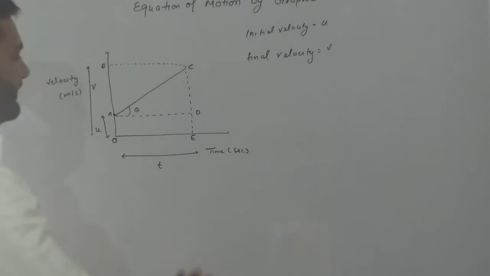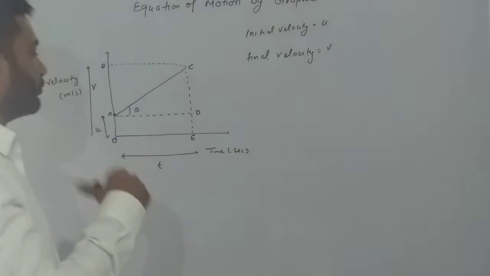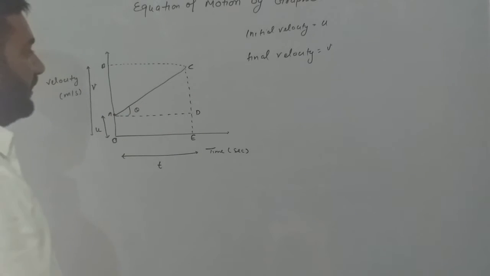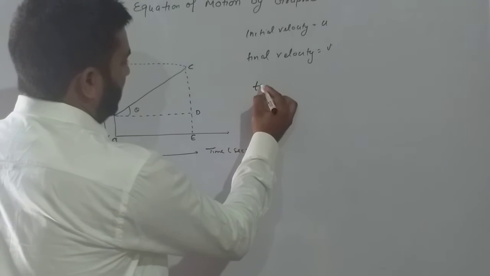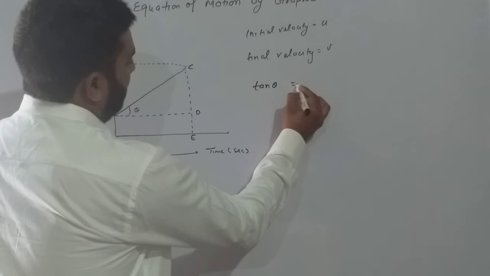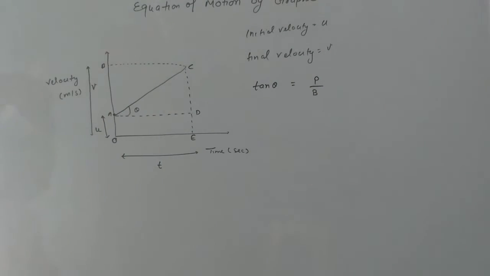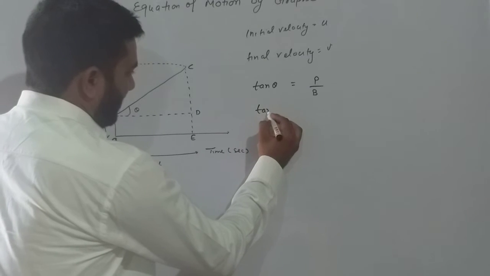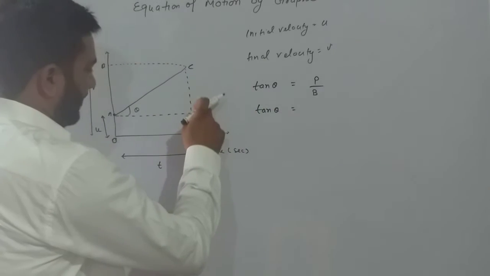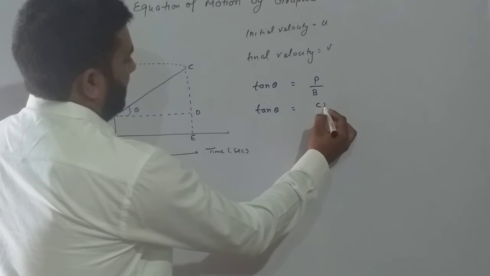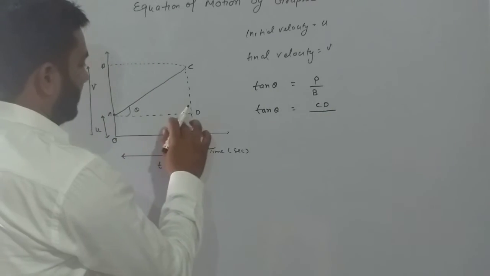We calculate theta in terms of slope or gradient. Slope or gradient is always given as tan theta. So tan theta is equal to perpendicular upon base. Here the perpendicular is CD and the base is AD.